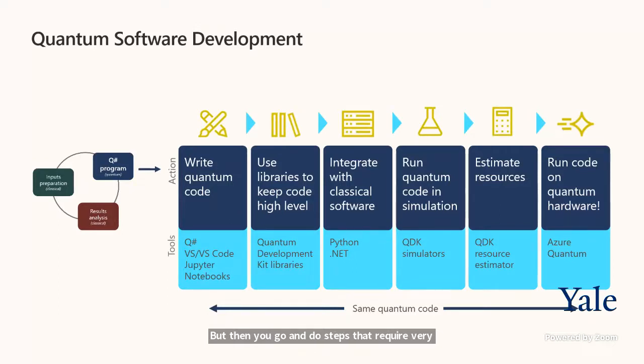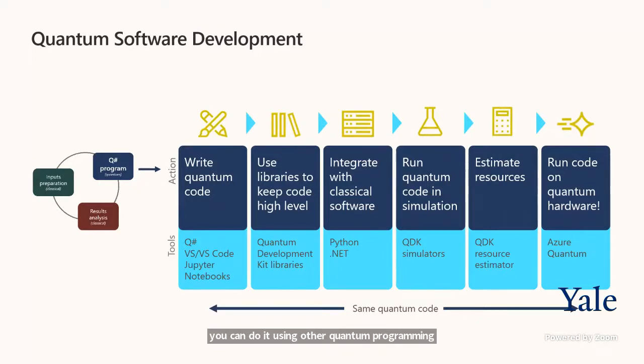You start by writing the quantum code, the quantum part of your solution. You can do this using Q# and the tools for integrating it with various editors, like I mentioned already, or you can do it using other quantum programming languages.